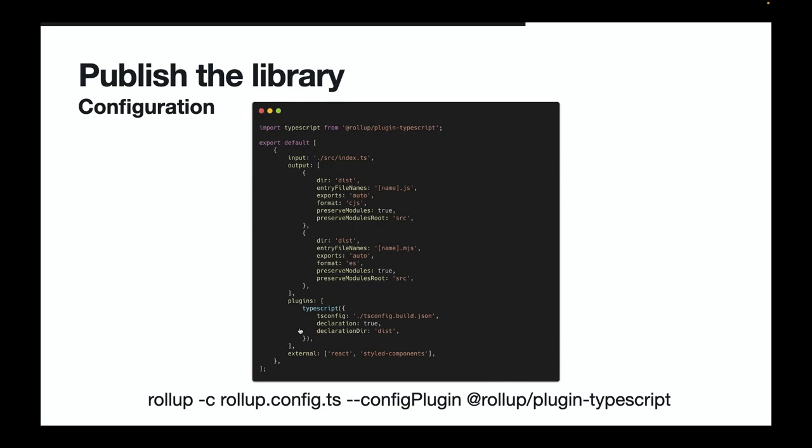And as the external, this is the one that is a bit more tricky. When you release a library, you have peer dependencies. In that case, I have React and styled-components. Why is it a peer dependency? It's because it's the role of the consumer of my library to actually install React, because if they want to use it, they will mostly have React. And in order to not have a conflict between versions and so on, you always declare React and styled-components as peer dependencies, and you also might control the version.